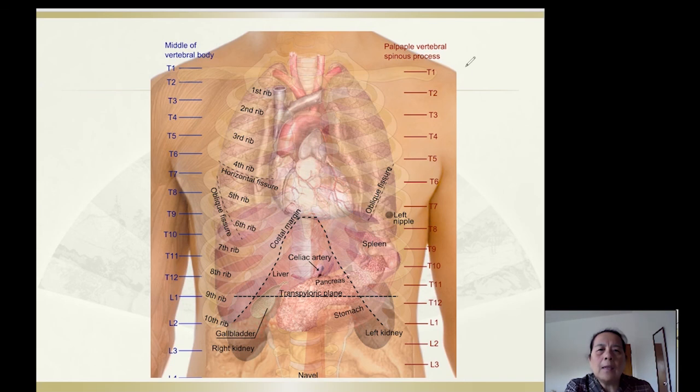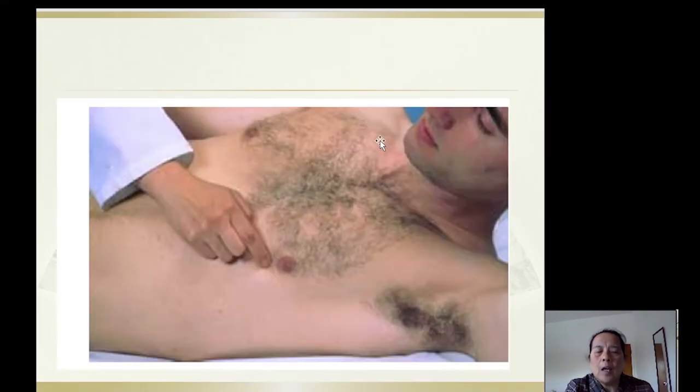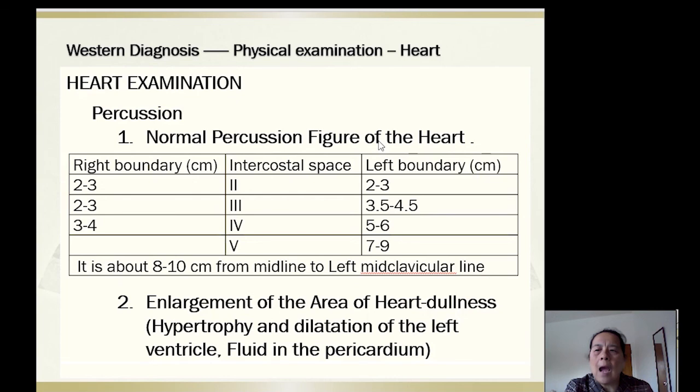On the other side, most of the part is covered by the sternal bone, and the right side is smaller. You can find in the second and third intercostal spaces basically the same, 2 to 3 centimeters. In the fourth intercostal space, 3 to 4, but you couldn't find it in the fifth intercostal space.